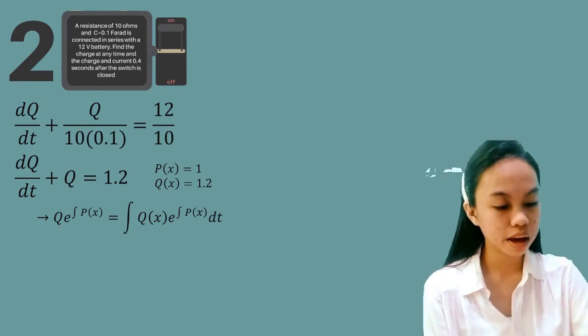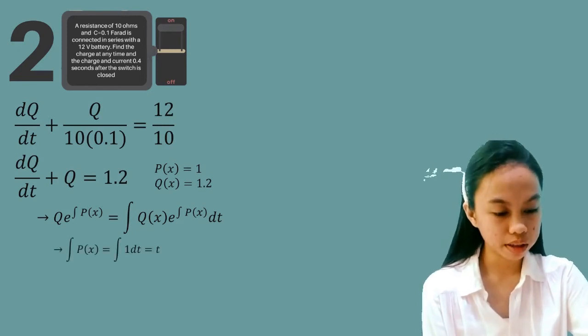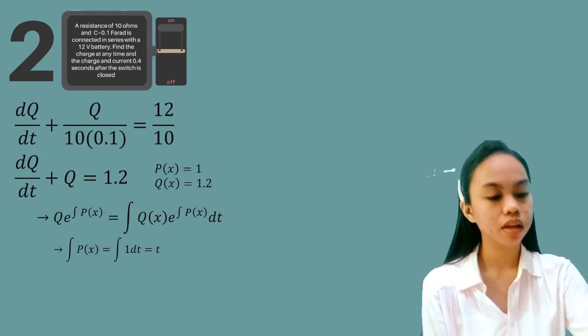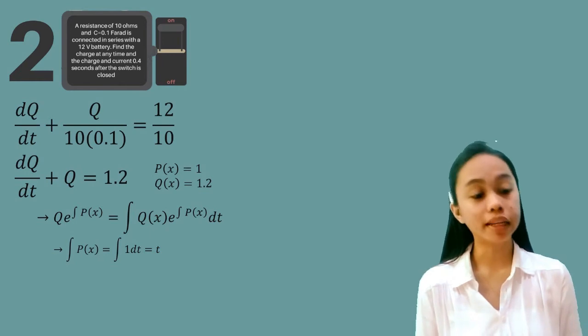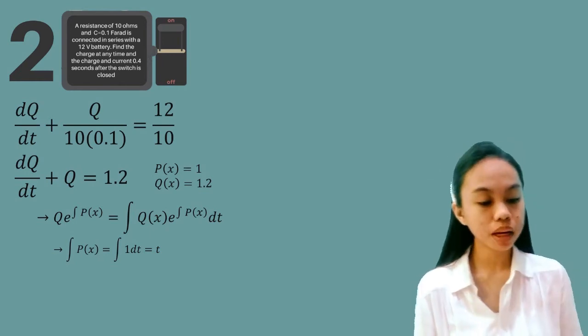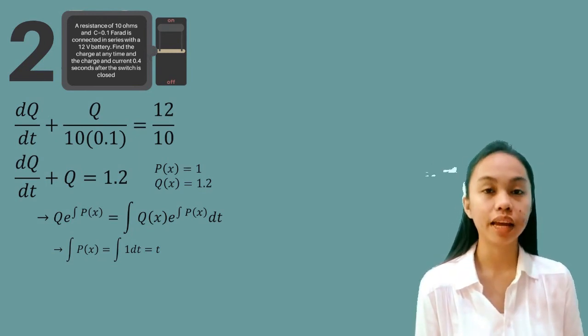Getting the integral of P of x, we have the integral of 1 dt. We know that the integral of 1 dt is equal to t. So we now have the value for the integral of P of x.